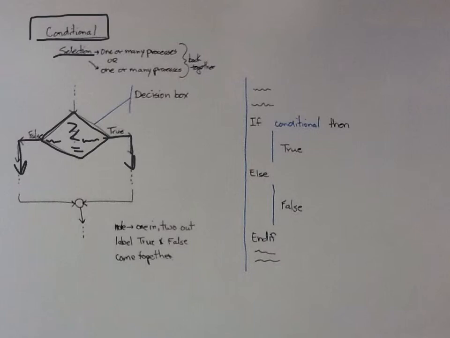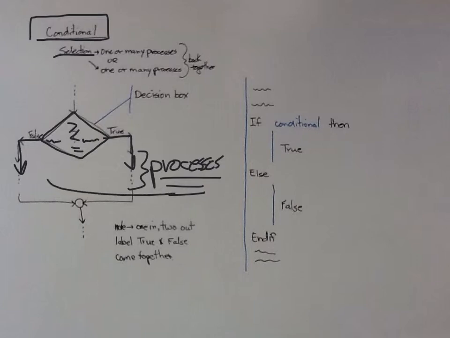Okay? So in here, we can have all kinds of processes. There could be more decisions, there could be just sequence, and so forth. The same thing's true over here. This is crucial: it must come back together.